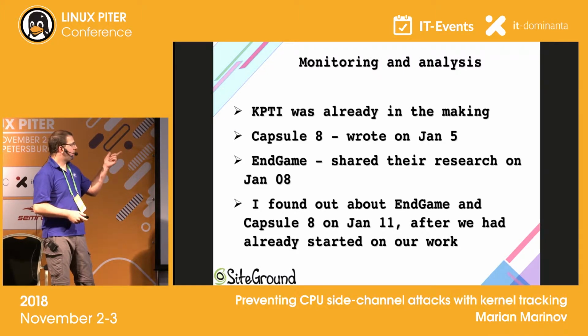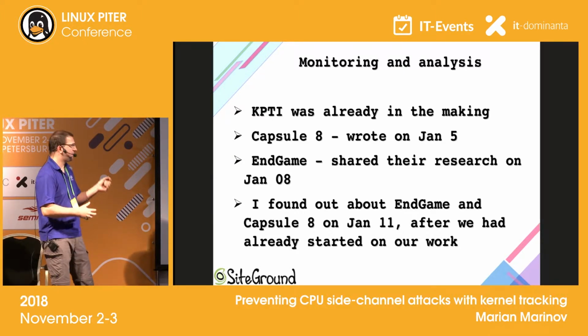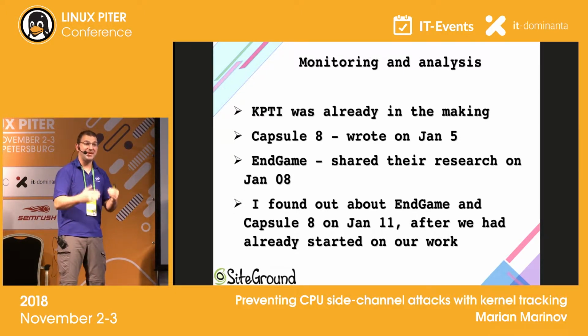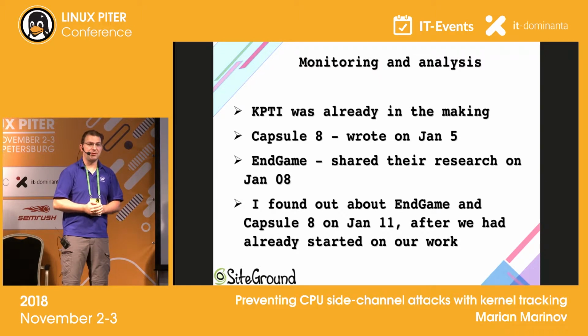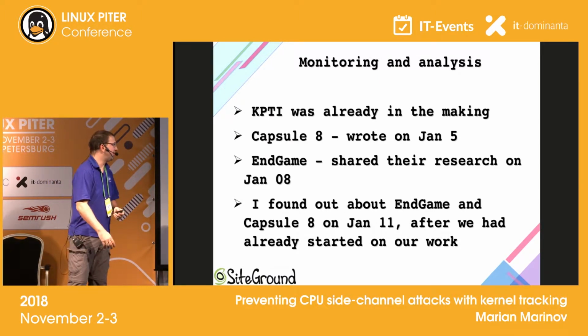Capsule 8 on January 5th showed that you can use performance counters that are currently collected from the kernel to detect this attack, because every time you segfault, you can get this from the CPU.